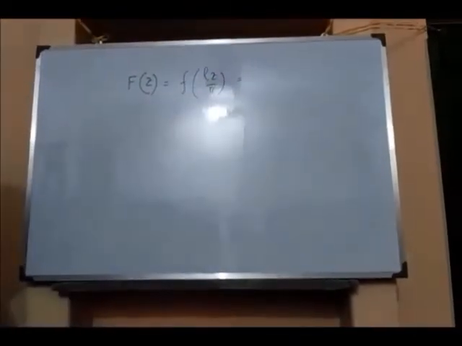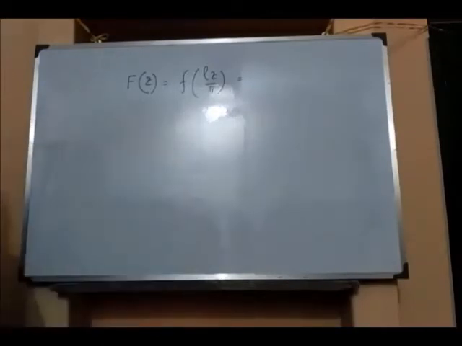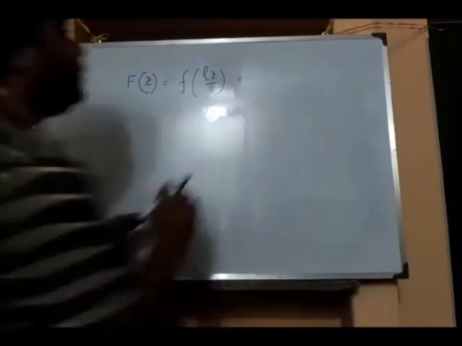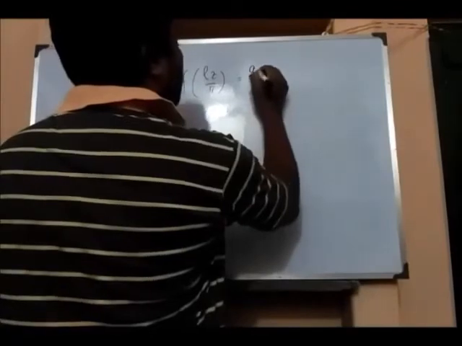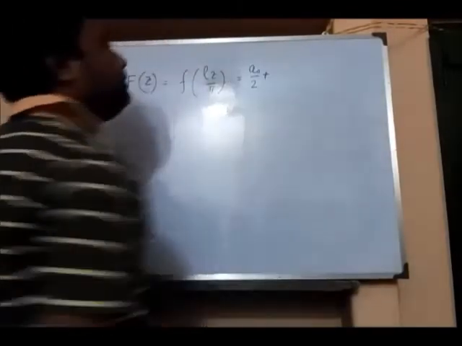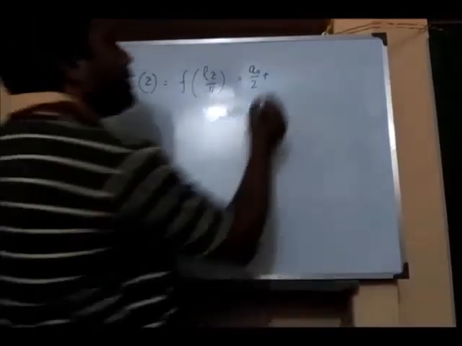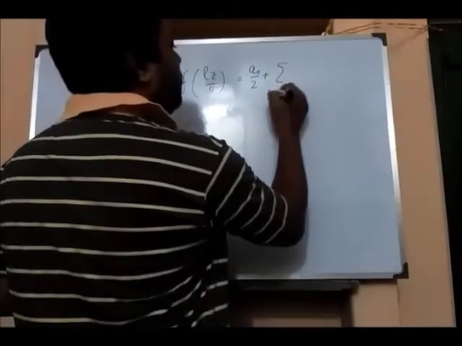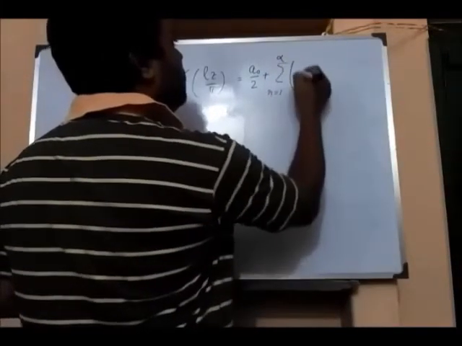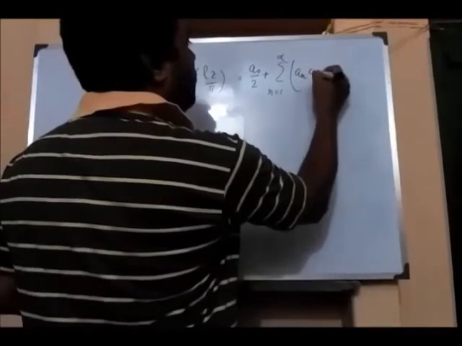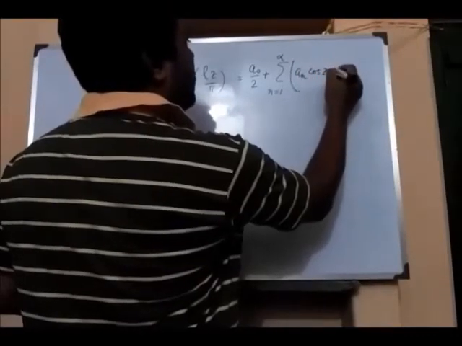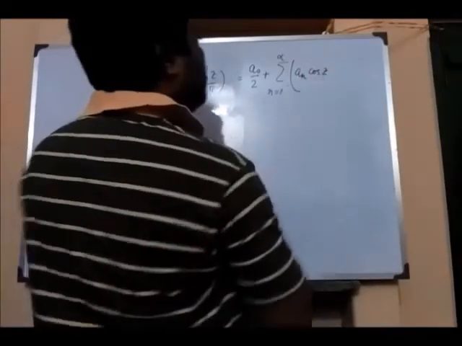Okay, so I can use the similar form of the Fourier series as a0 by 2 plus sum of n equal to 1 to infinity an cos nz.